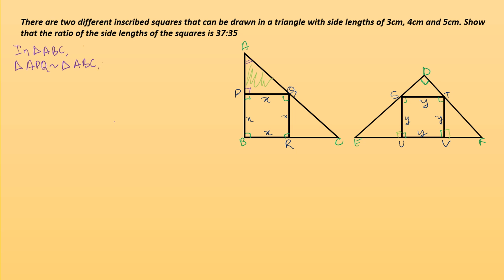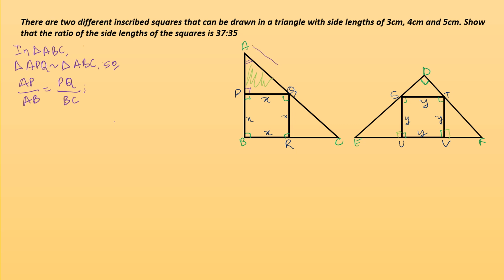So what we get is we can write AP out of AB equals PQ out of BC, and that should give me x. I haven't said which one is 3 and which one is 4 and which one is 5.